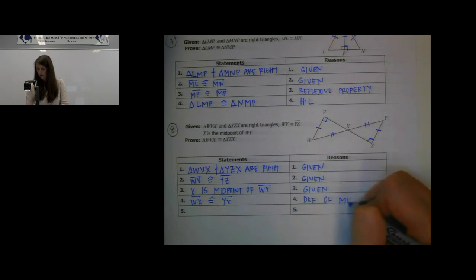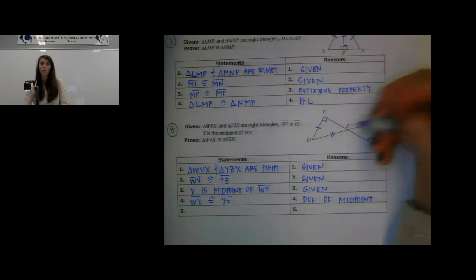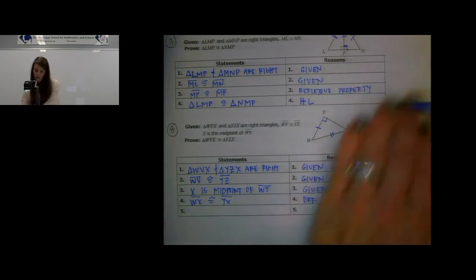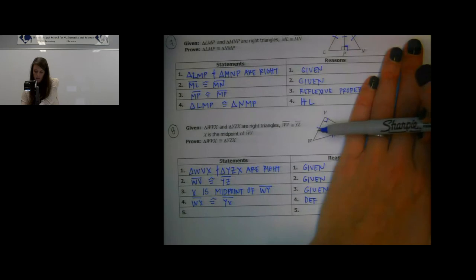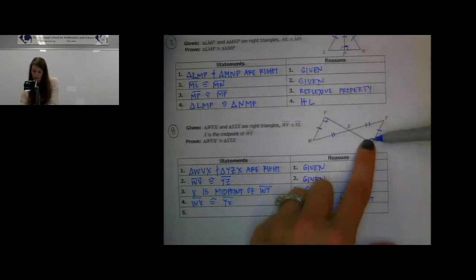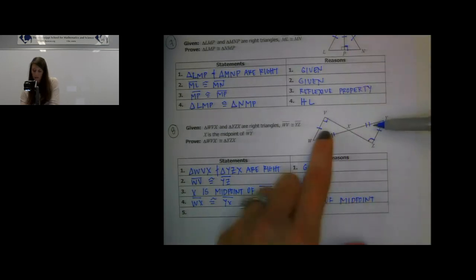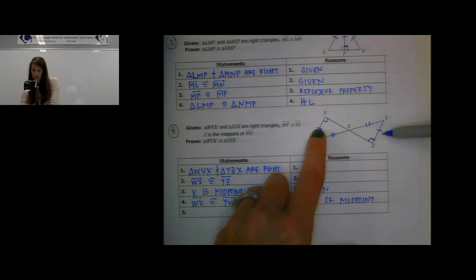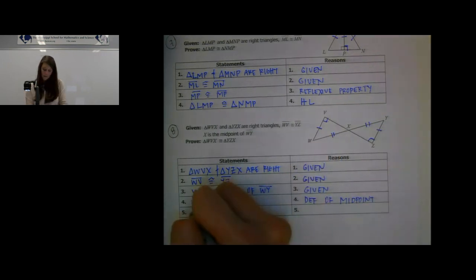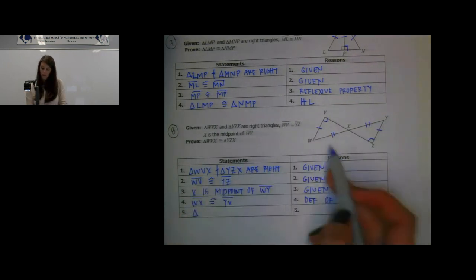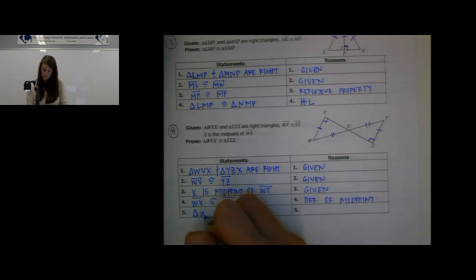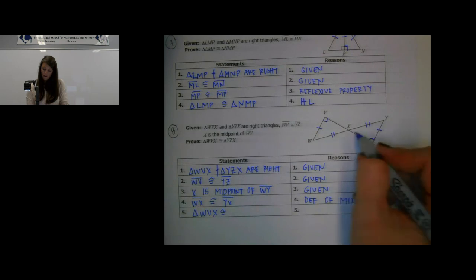That midpoint side is across from the right angle, so that is my hypotenuse, right? So I have a congruent hypotenuse and a congruent leg. That means these triangles are going to be congruent. So WVX is going to be congruent to YZX.